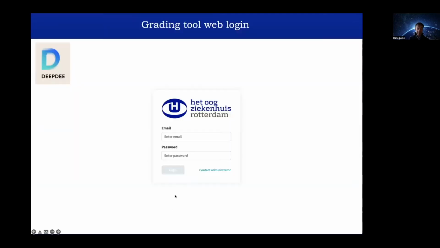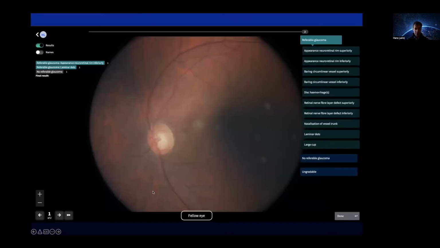We then had to grade them, and a grading program was developed in which 20 highly trained graders, continuously monitored for quality, graded these over 110,000 images.